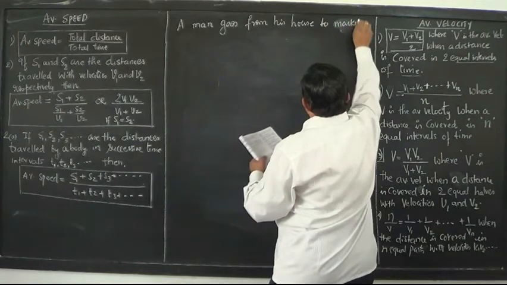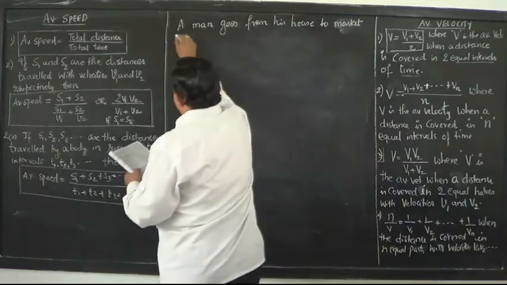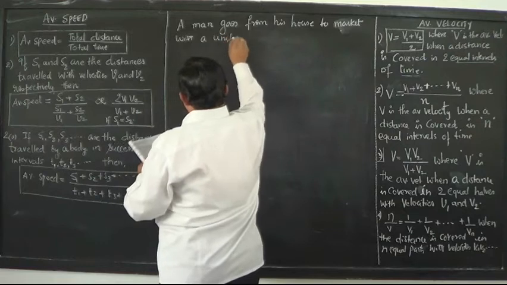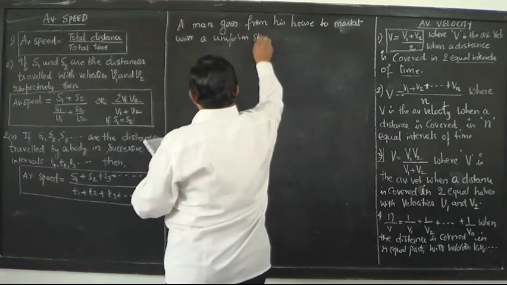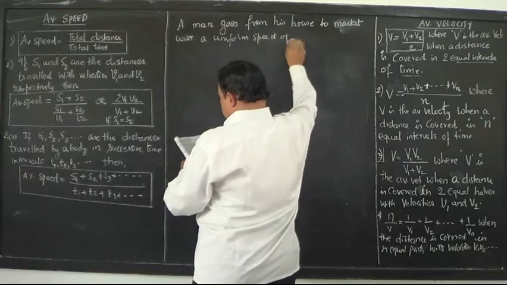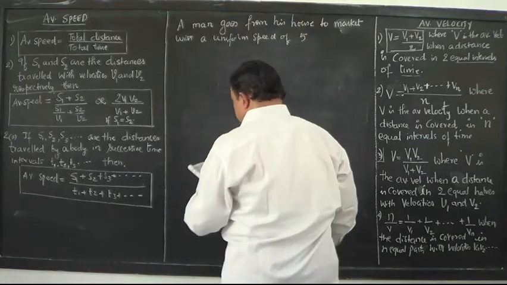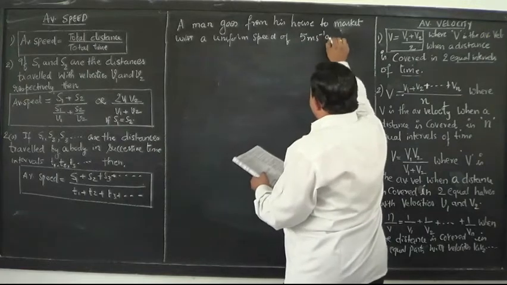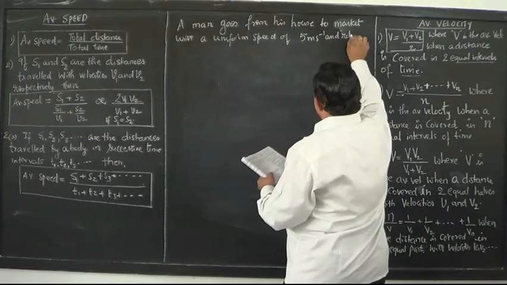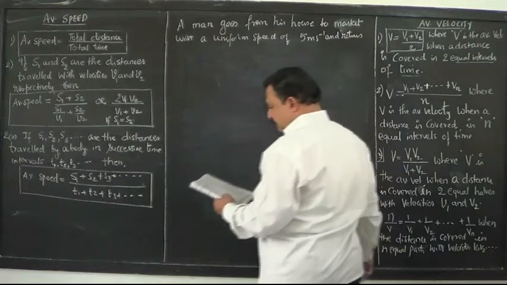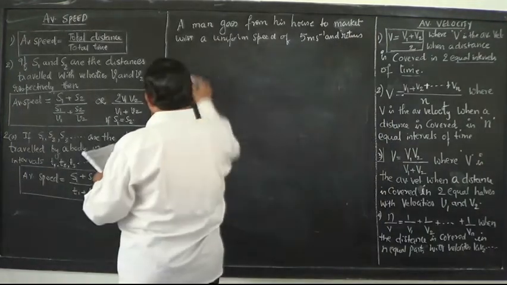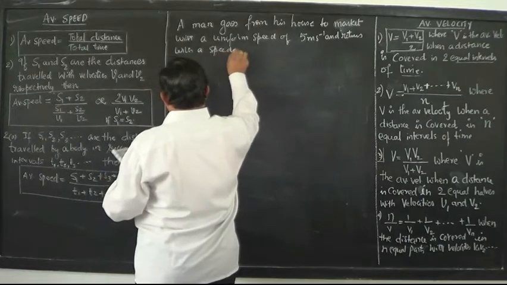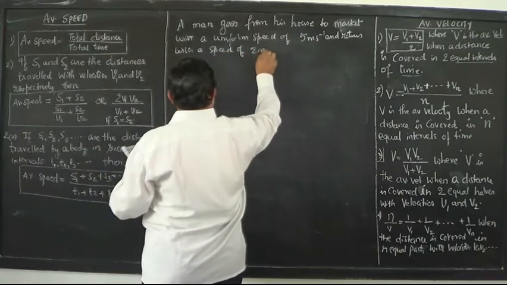House to market with a uniform speed of 5 meters per second and returns with a speed of 2 meters per second.